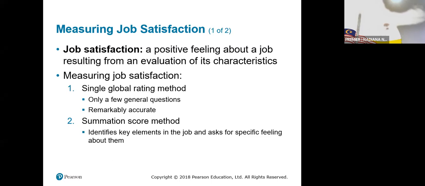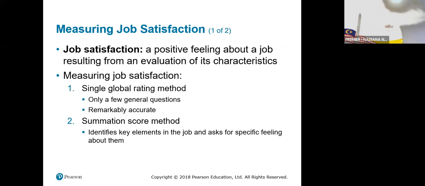When they have the items of the questionnaire to measure job satisfaction, the results of the research show similar results. There are no outliers, no big differences in the results. That means accurate.